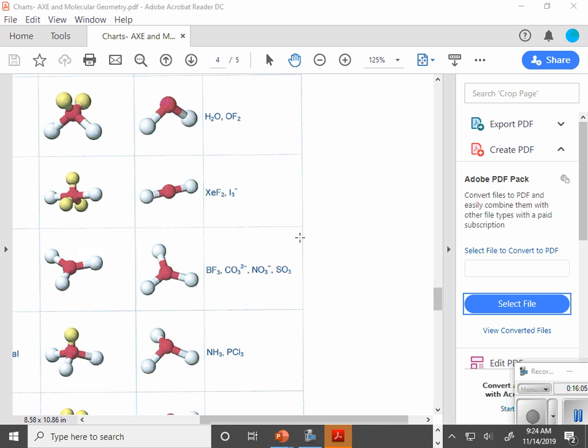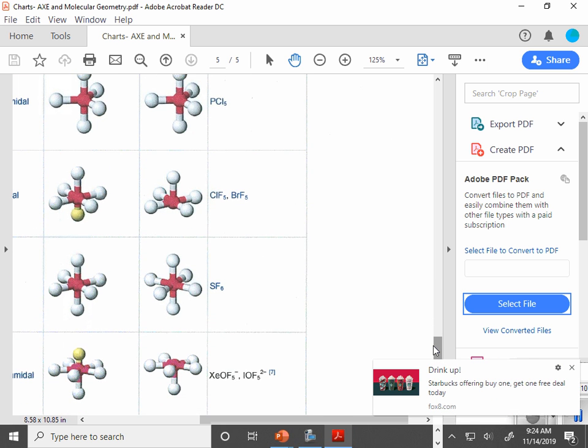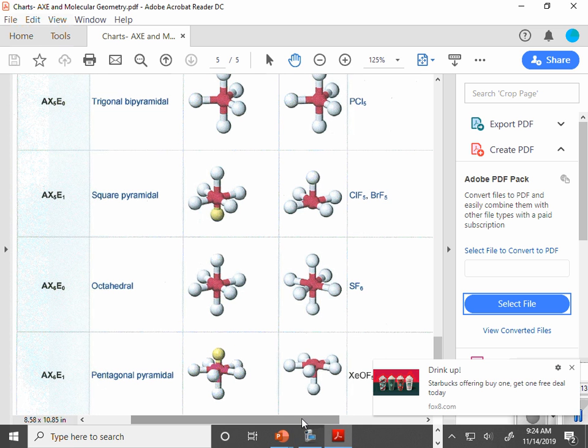Well, as I go down, lo and behold, ladies and gentlemen, right here is SF6. Sulfur is in the same family as selenium, right? Would you expect that SeF6 would act similar to SF6? Absolutely, they're in the same family, selenium and sulfur. So I would expect, yes, those are going to act like each other.